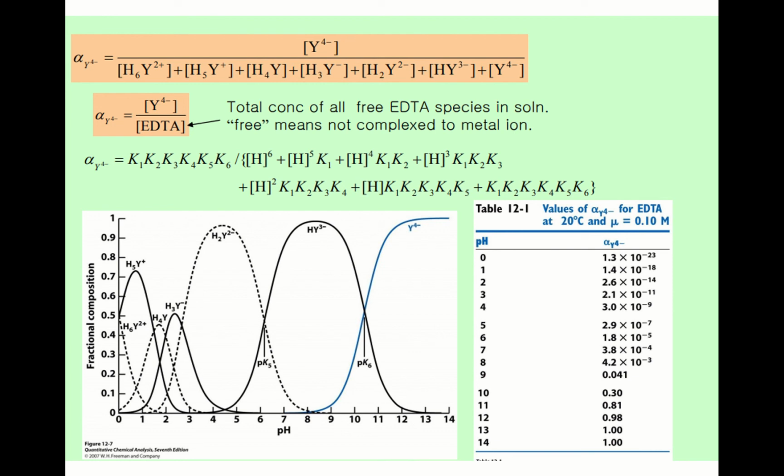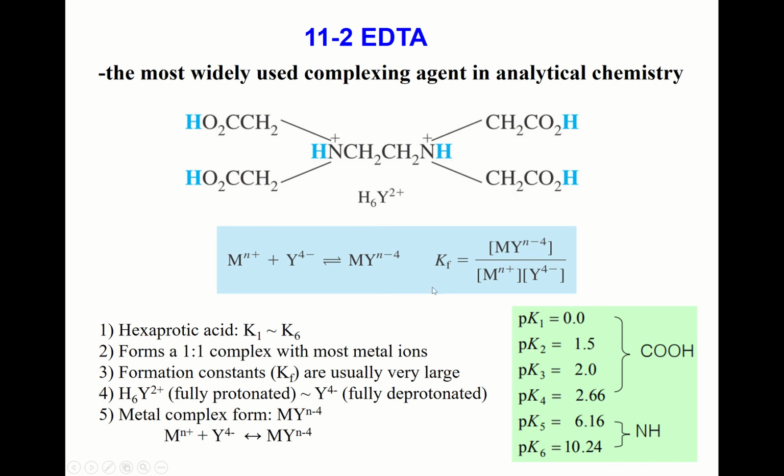For example, this form, Y2 minus, can also complex with metal ions. But what's the difference in this case? When this one complexes with metal ions, the two protons are removed, and then the final form of the complex is this form.